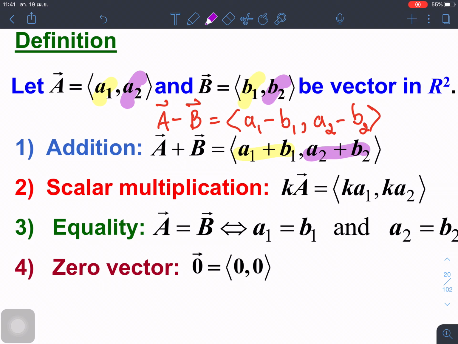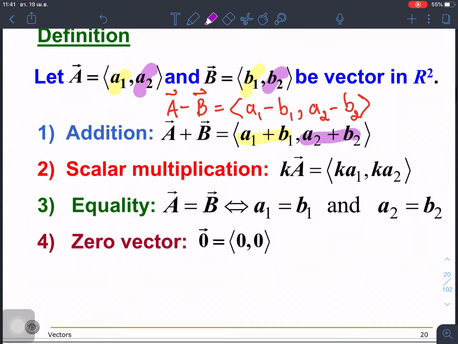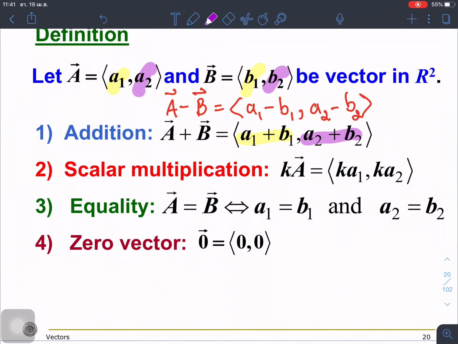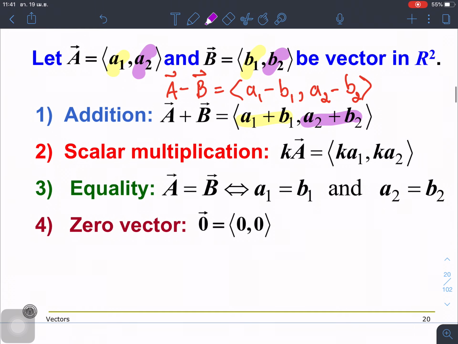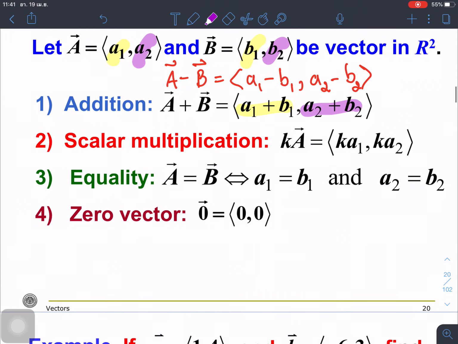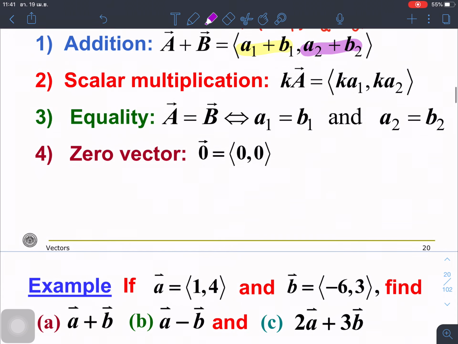You have to distribute k to each coordinate, all of them. Equality. If vector A and vector B are the same, then each coordinate has to be the same. So in this case, a1 must be b1 and a2 must be b2. And the zero vector can be represented by coordinate 0, 0, which is just the origin, right?